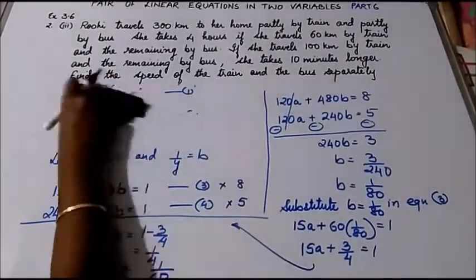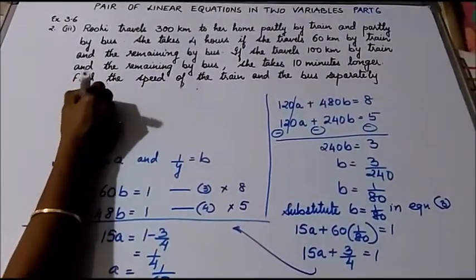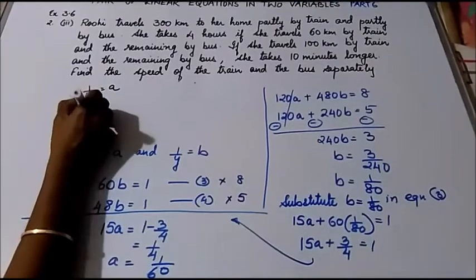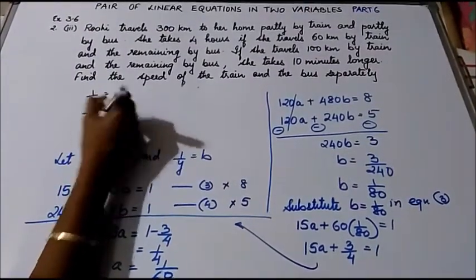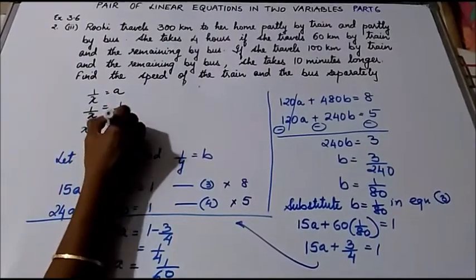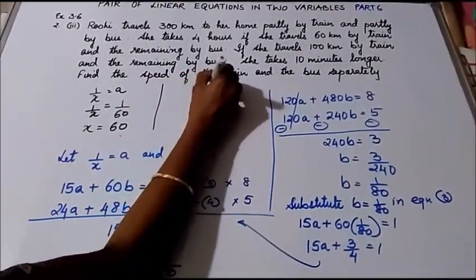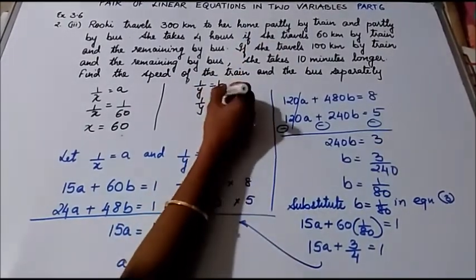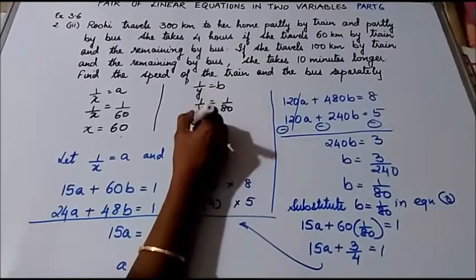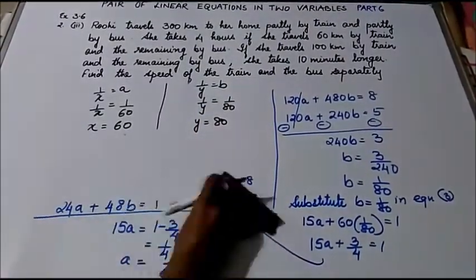Let's find x and y. What is given to us? 1 by x equal to a. That is 1 by x equal to 1 by 60. It implies x equal to 60. We have taken 1 by y equal to b. 1 by y is equal to 1 by 80. It means y is equal to 80. So what is the last statement that you will write?